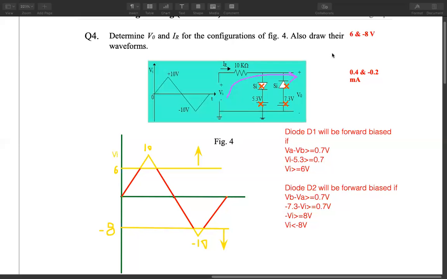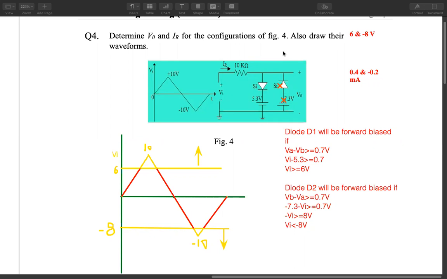Now consider the second case, which is any one diode in forward bias. So let's say this one, diode D1, is forward biased and this is reverse biased. So if this is reverse biased, then remove this.